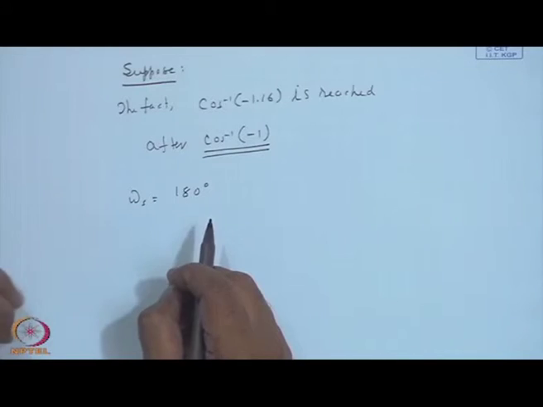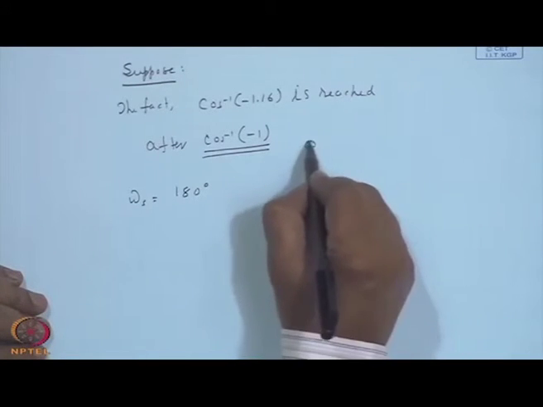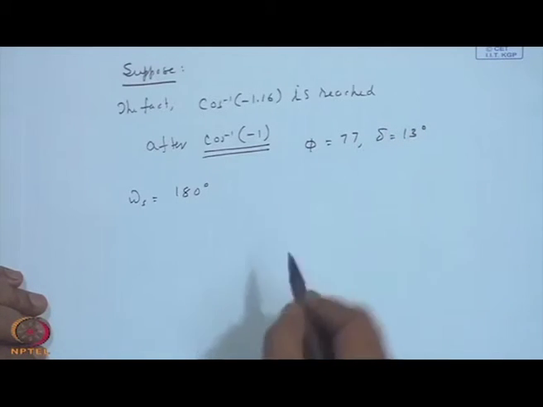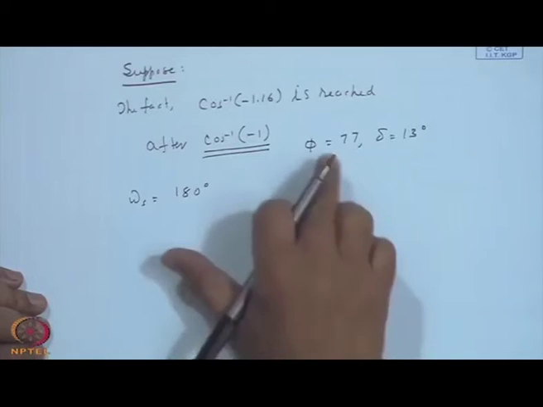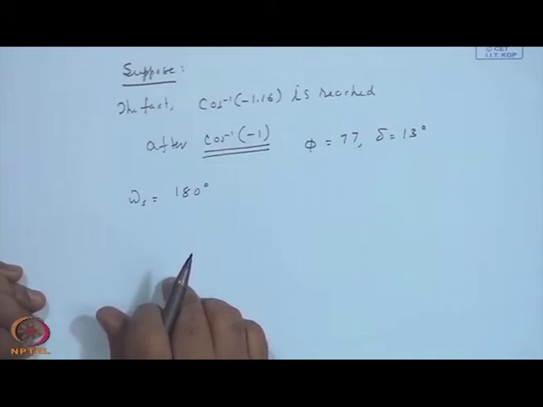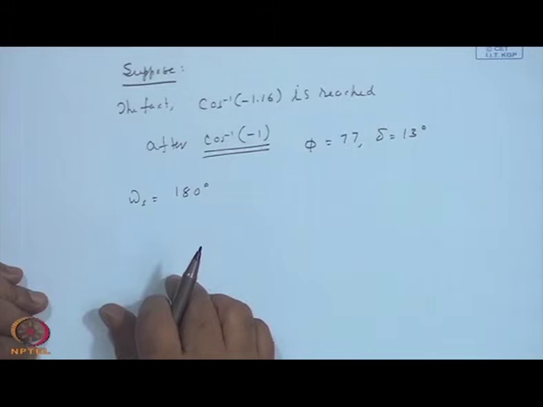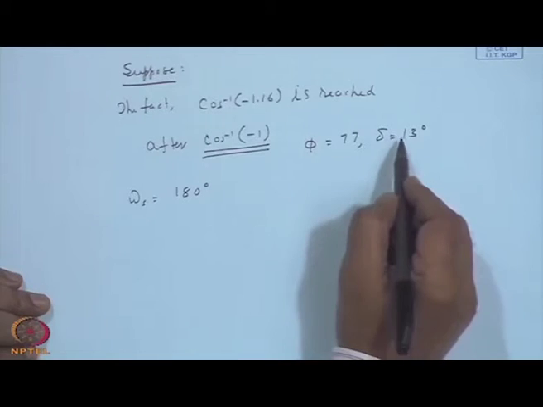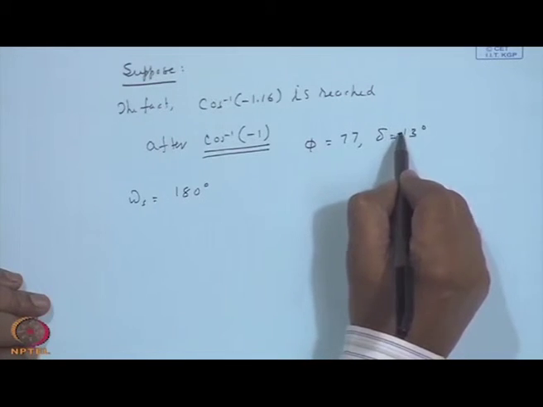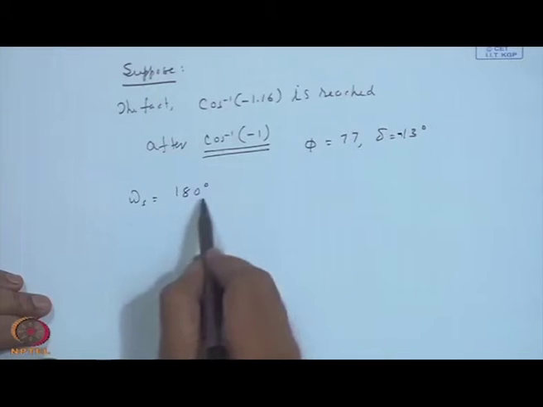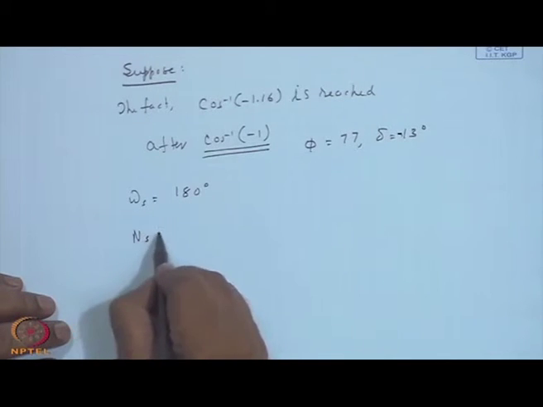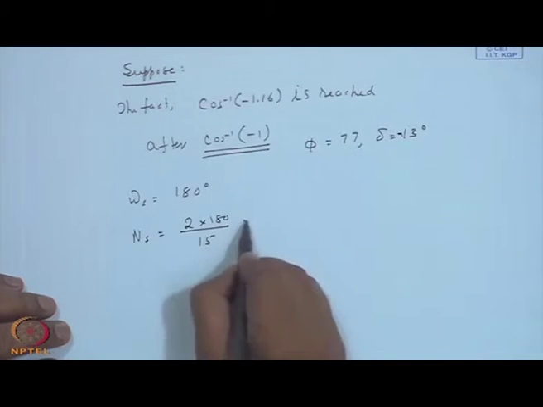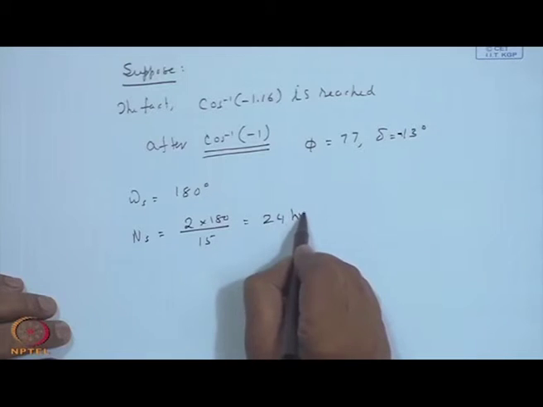For example, if you take phi 77 and declination 13 degrees, you can trigonometrically also prove it. If this summation is equal to 90 degrees, the product tan phi tan delta will be just equal to 1, and the sign is according to declination being positive or negative. Okay. So omega s is 180, then my n s will be twice 180 by 15, which is 24 hours.